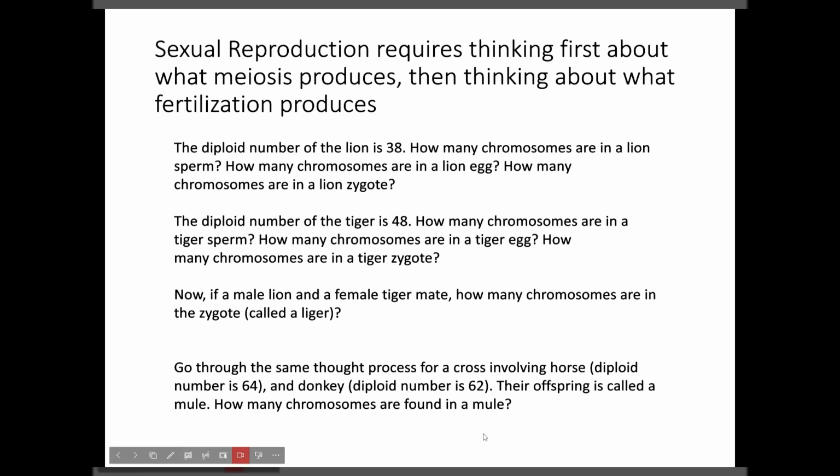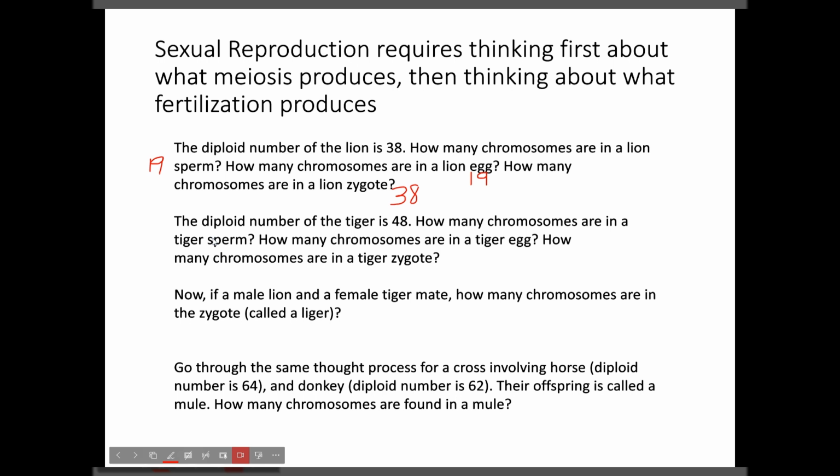So a sperm has 19 chromosomes, an egg has 19 chromosomes, and when a sperm and an egg fuse together, both of those nuclei fuse together as well, and you get a new nucleus that has 38 chromosomes again. So in each generation, the offspring have the same number of chromosomes as the parents.